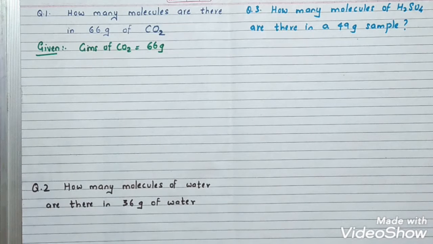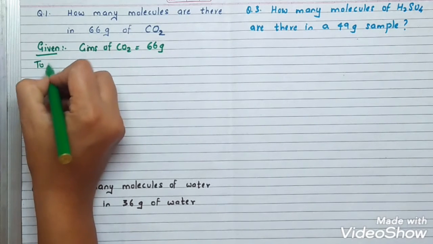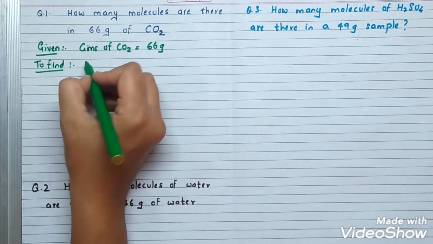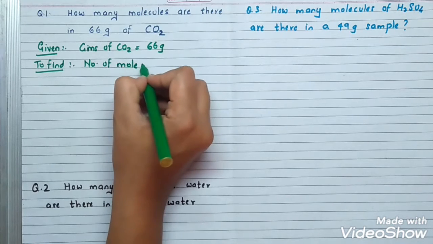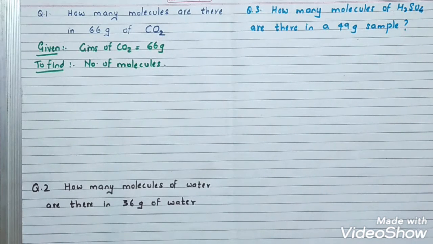Now, what are we supposed to find out? We have to find the number of molecules in 66 grams. But to find the number of molecules, we require the number of moles.